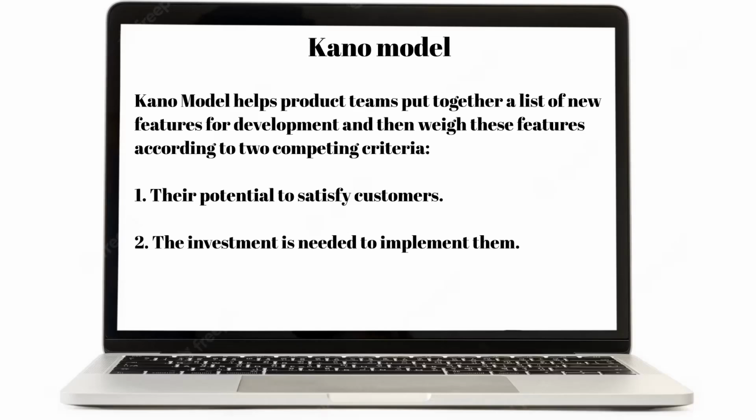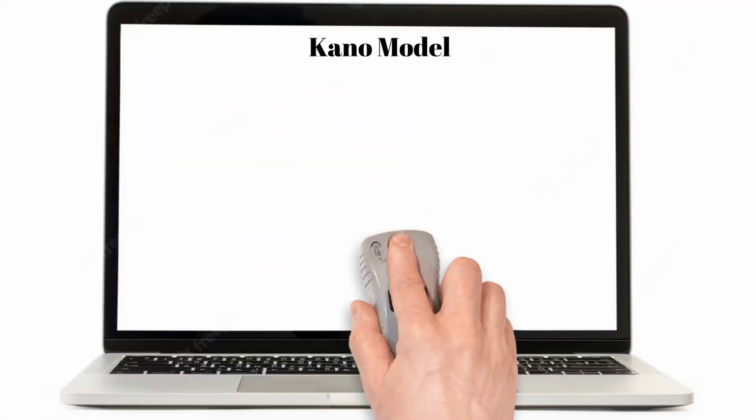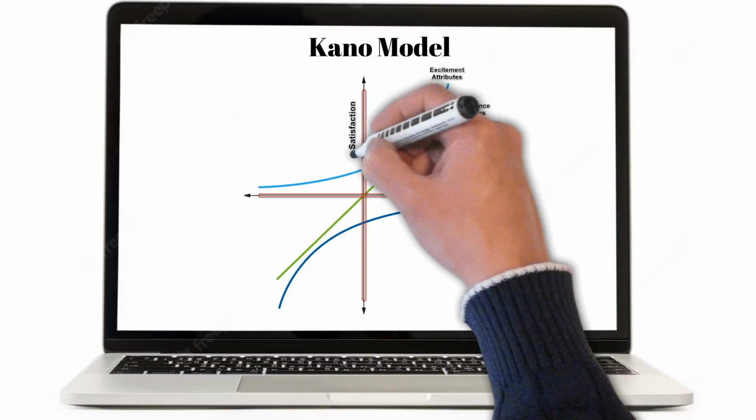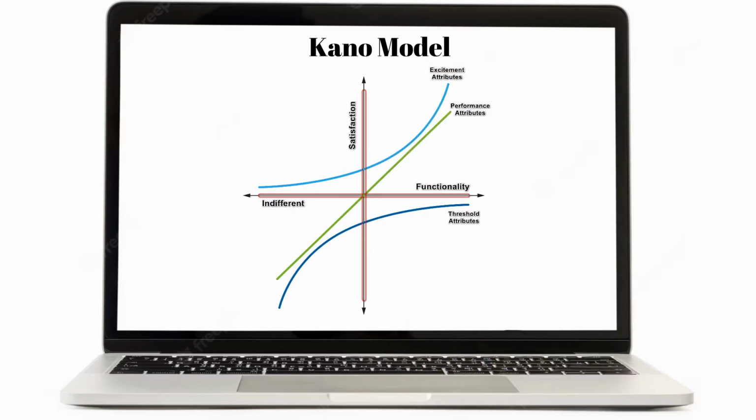Number 2, the investment needed to implement them. You can think of the Kano model as the customer delight versus implementation investment approach. When using the model, the team will include the features that fall into these categories: basic, excitement, and performance, and avoid features that are indifferent or dissatisfactory.